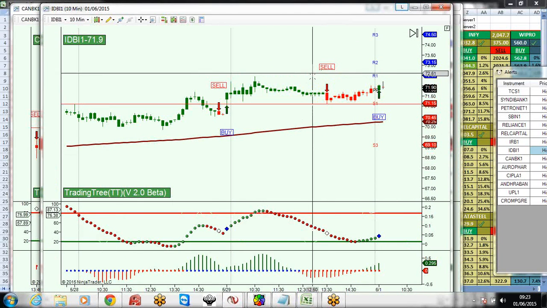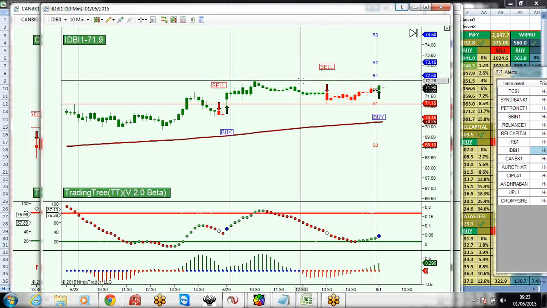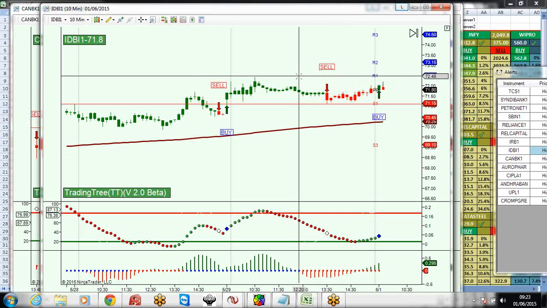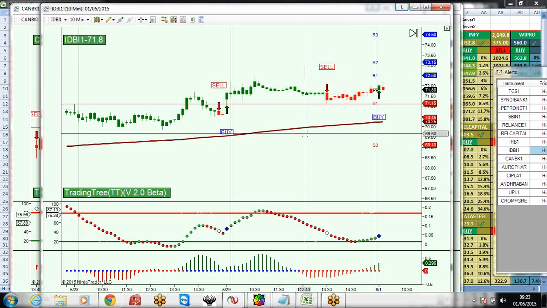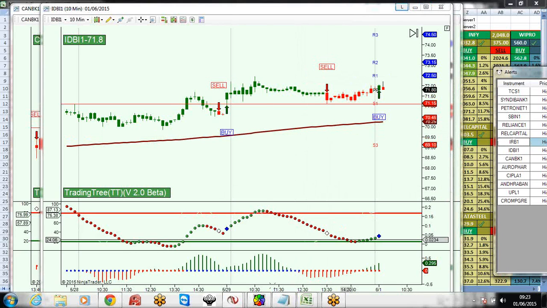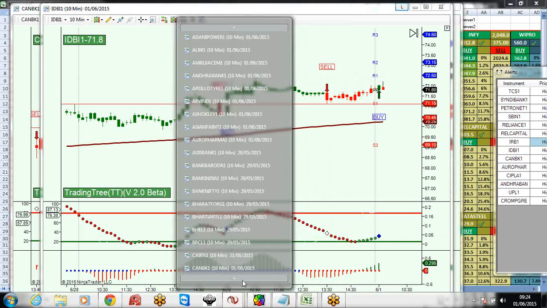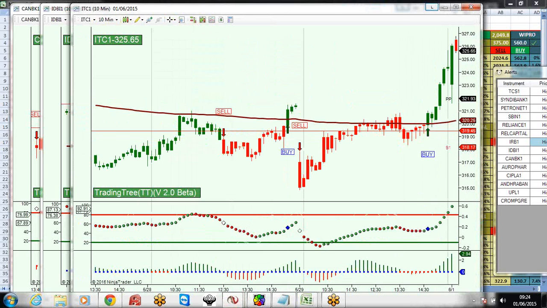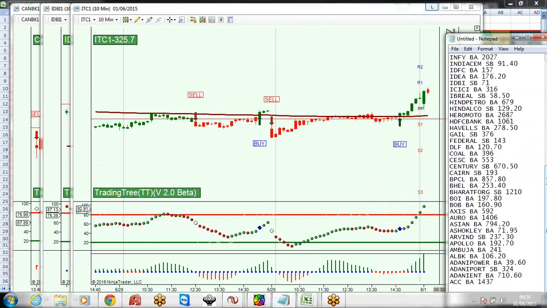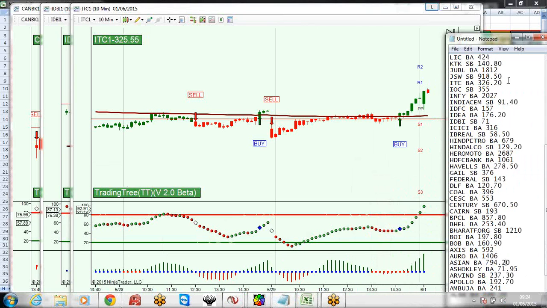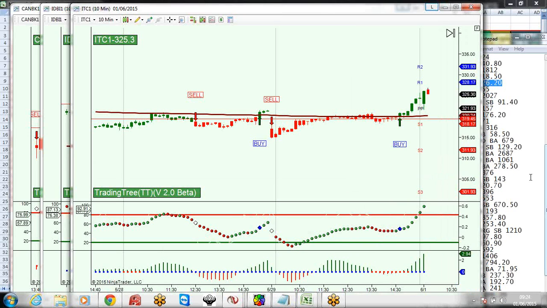So we'll have to try and book small profits and come out of the trades because you never know how the market will move. So IDBI you can buy above this R1, that is 72.50. ITC we already have a buy above, I'll just show you the price, 326.20. That is the price at which we are buying.